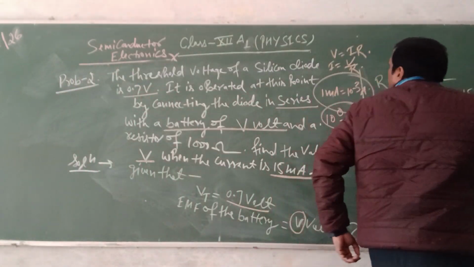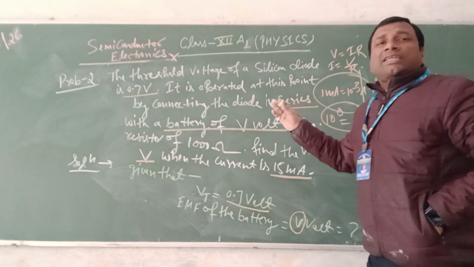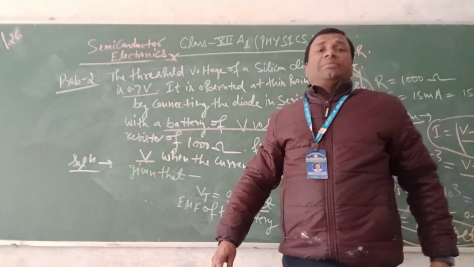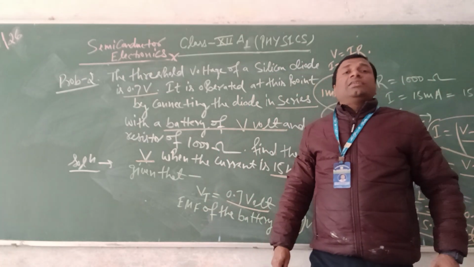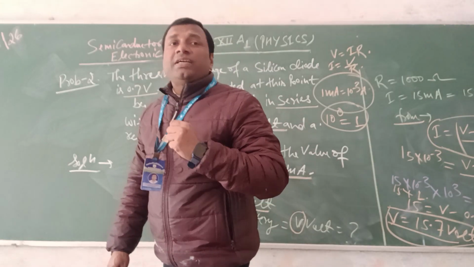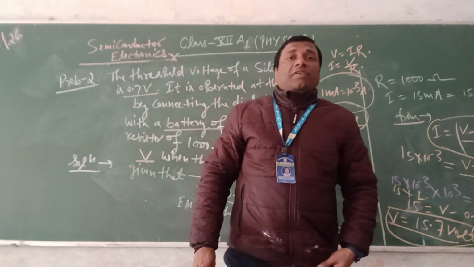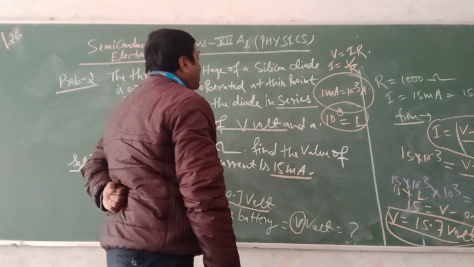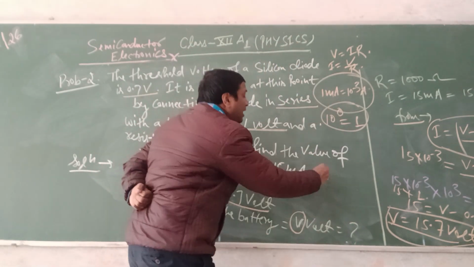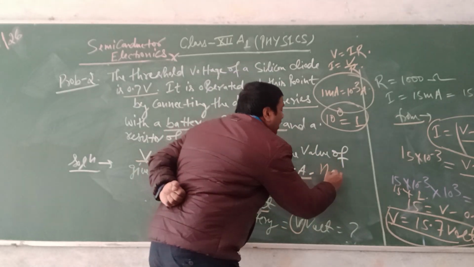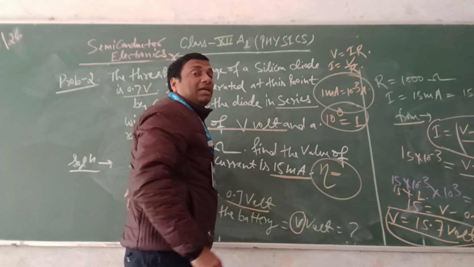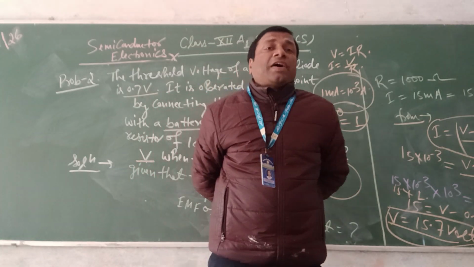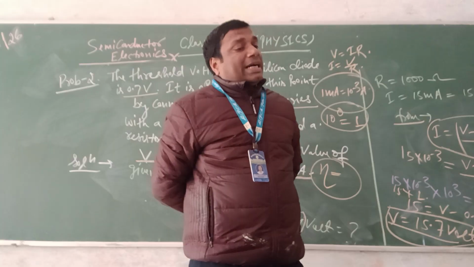Learn all the formulas of this chapter, semiconductor electronics. In semiconductor electronics, we have to learn intrinsic semiconductor, extrinsic semiconductor, rectifier, half wave rectifier, and full wave rectifier. In the half wave rectifier you have to learn efficiency, eta: what is the efficiency of the half wave and full wave rectifier, and which components are used in them.